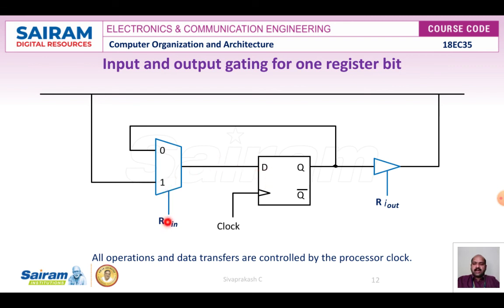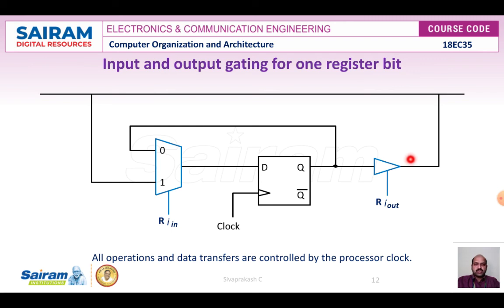When Ri in is equal to 0, the multiplexer feeds back the value currently stored in the flip-flop. The output Q is connected to the bus via a tri-state gate. When Ri out is equal to 0, the gate output is high impedance, electrically disconnected, which is nothing but the gate being open.